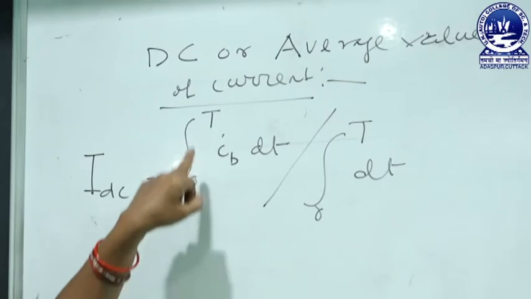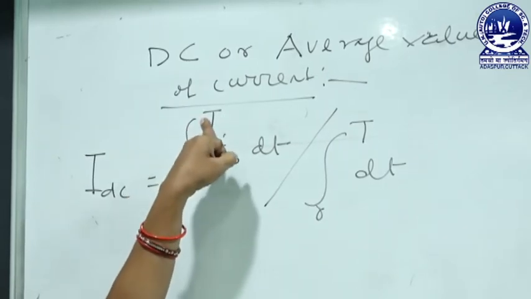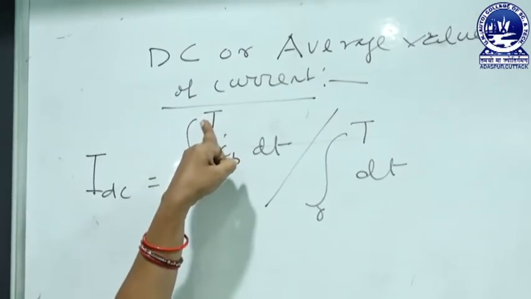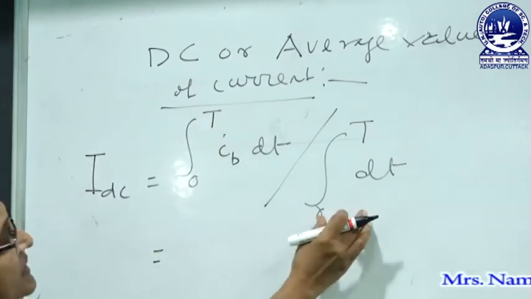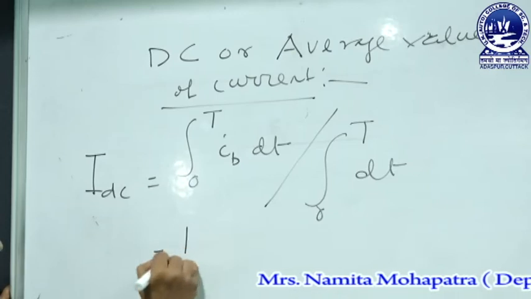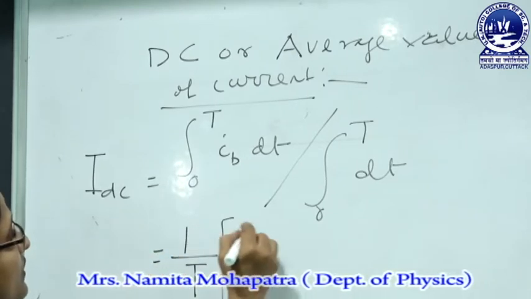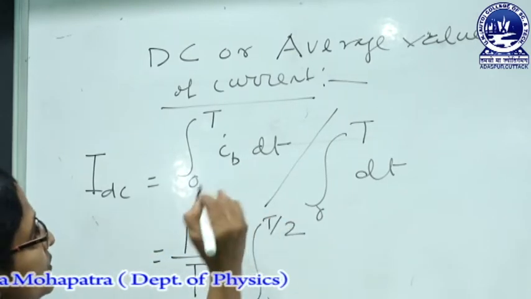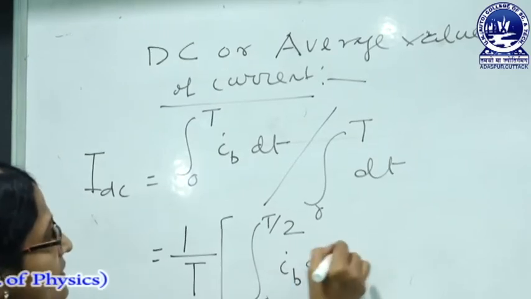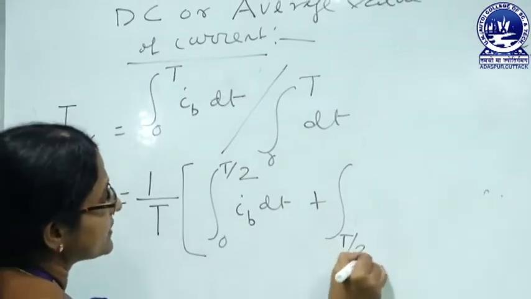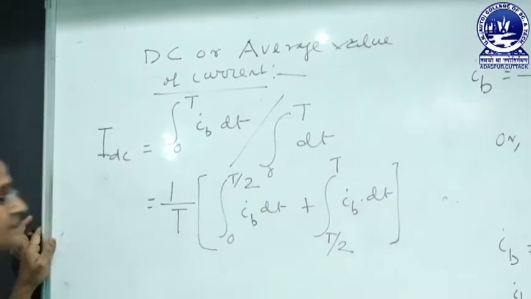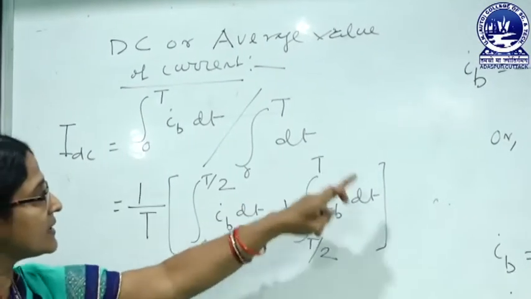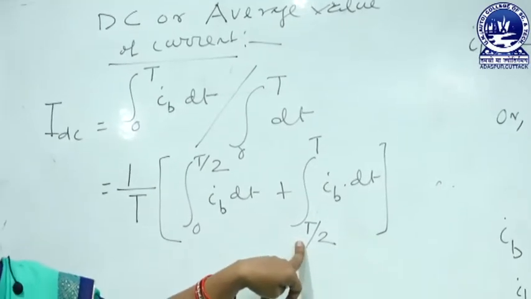Here 0 to T is a full cycle, covering the positive half and also the negative half. The integration of the denominator is T, so that 1 by T into integration 0 to T by 2 of IB dt plus integration T by 2 to T of IB dt. But this second half cycle indicates only the negative half.